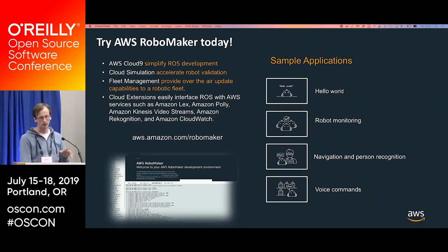You can directly reuse those open source ROS nodes to leverage different AWS services. We're just getting started with those, so we're really looking for community feedback around what other AWS services you would like to use to expand the capabilities of your robot.